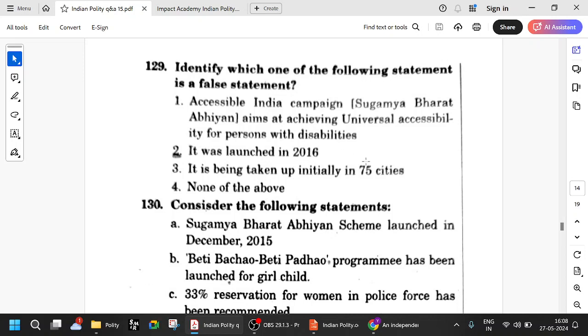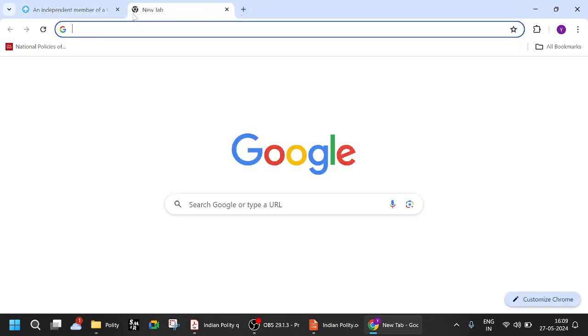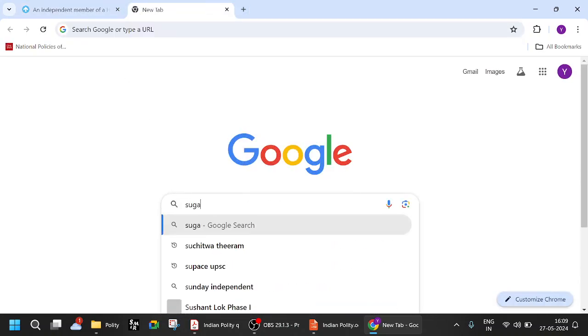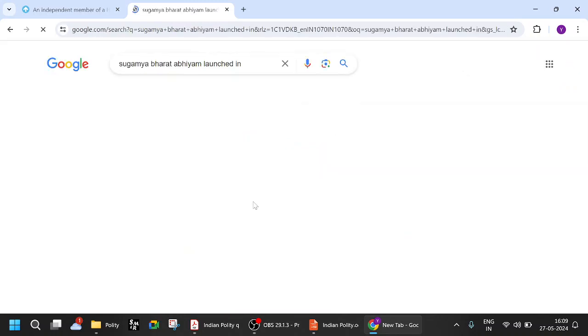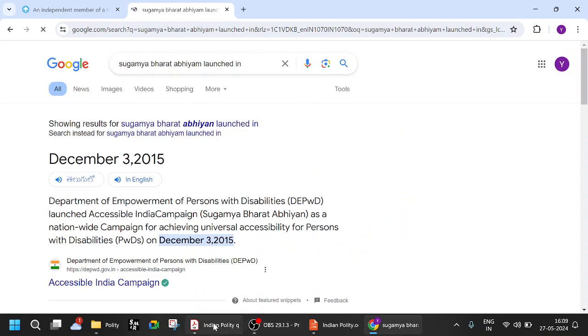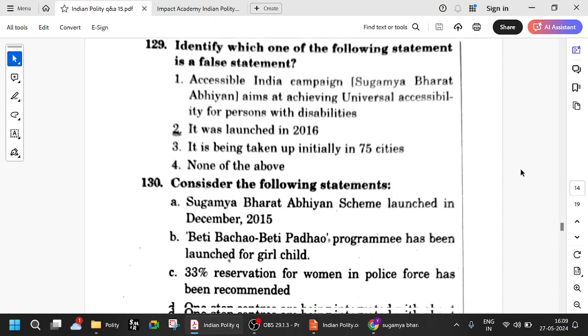It was taken up initially in 75 cities. All this is fine. It was launched in 2017? 2016 is wrong, right? Sugamya Bharat Abhiyan was launched in 2015, not 2016.